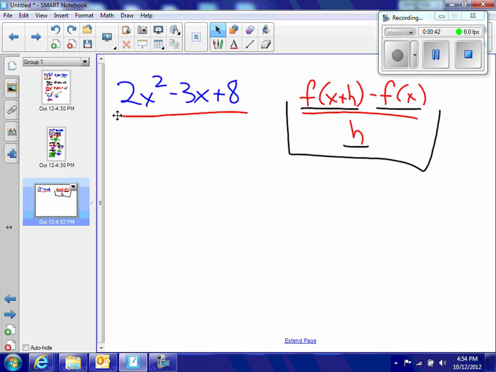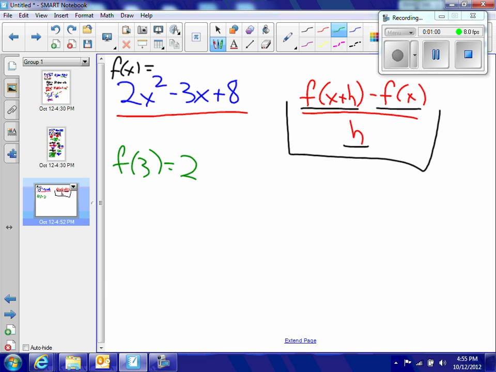So this is my function, f of x. And if I ask anybody in the class, what is f of 3, they would say 2 times 3 squared minus 3 times 3 plus 8. What we're doing when we're finding f of 3 is we're substituting 3 in for every instance of x in the function.